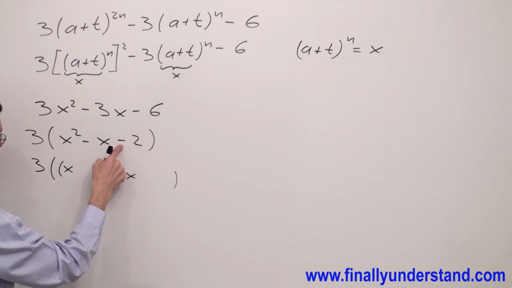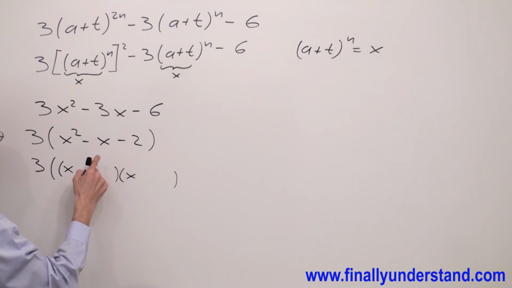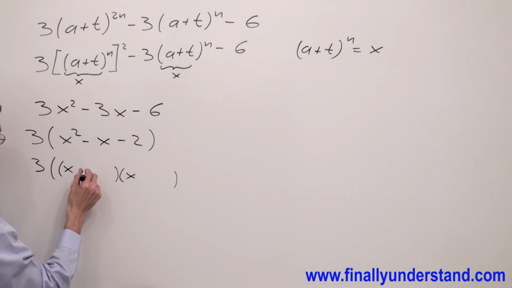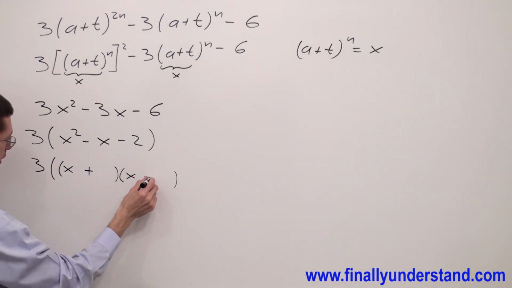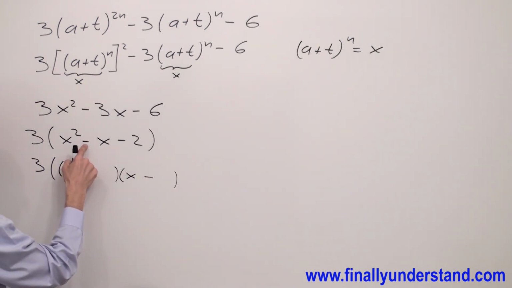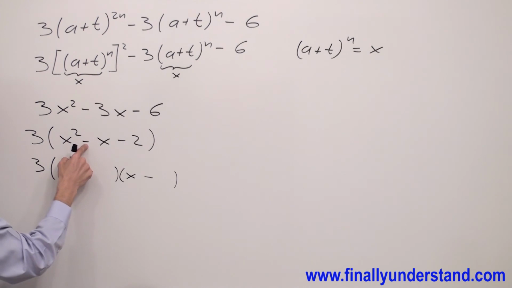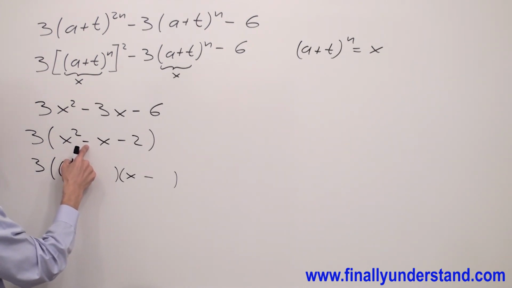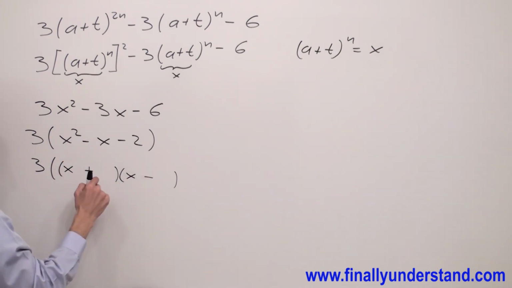If it's negative, it means that signs in my factors are opposite. So one of them is going to be positive, another one is going to be negative. Next, I have to look at the sign next to the second term. It is negative. It means that the bigger number is going to be next to the negative sign.